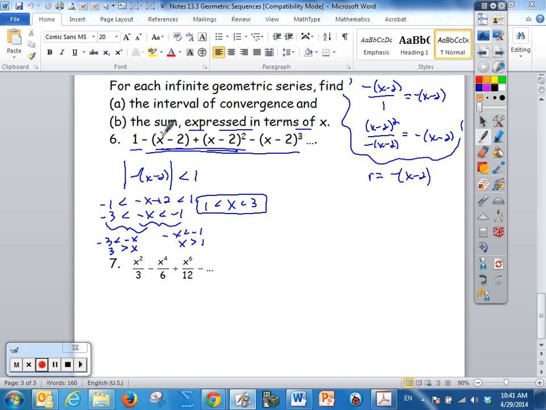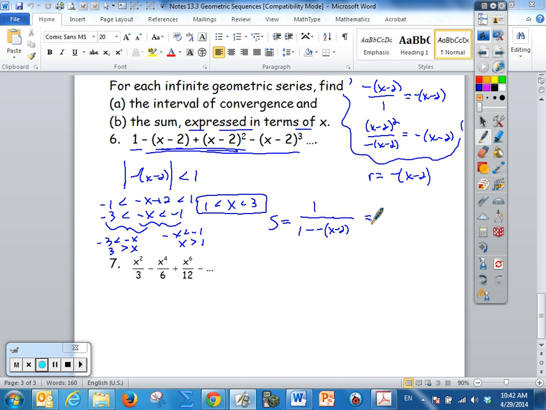So our formula is S equals, we have our a sub 1 term, which is 1, over 1 minus r, and r is, however we want to write, negative x minus 2 is how I have it written right here.